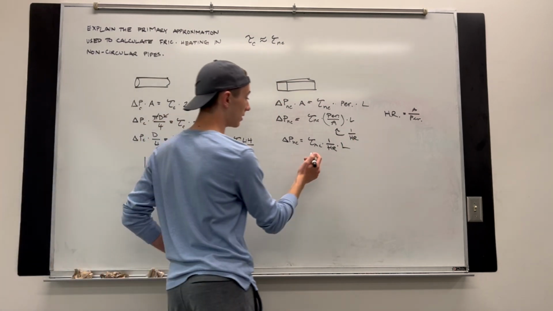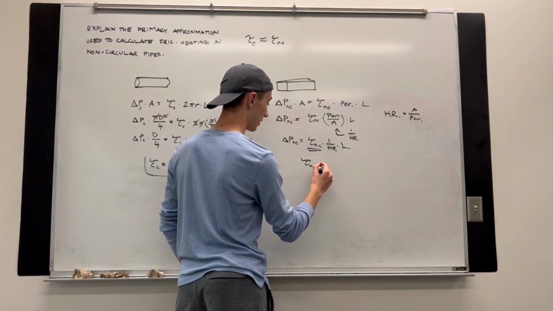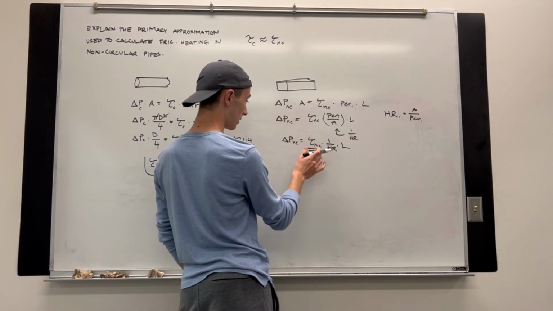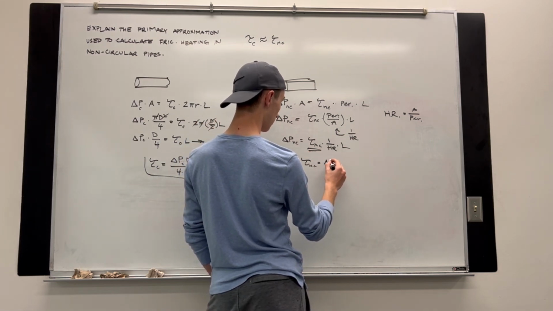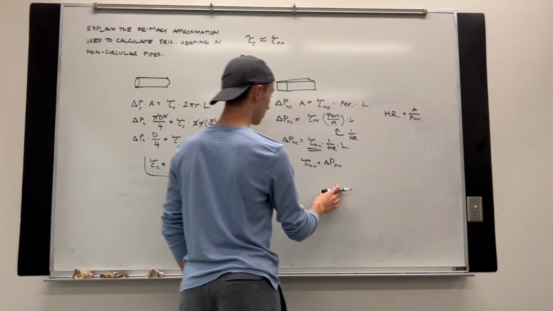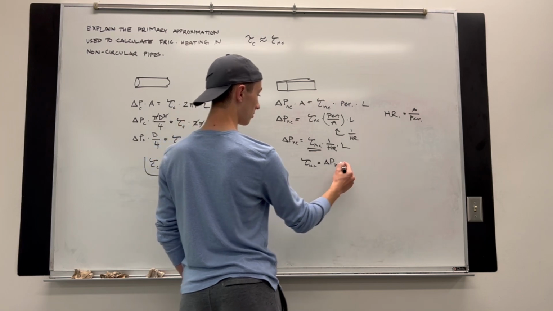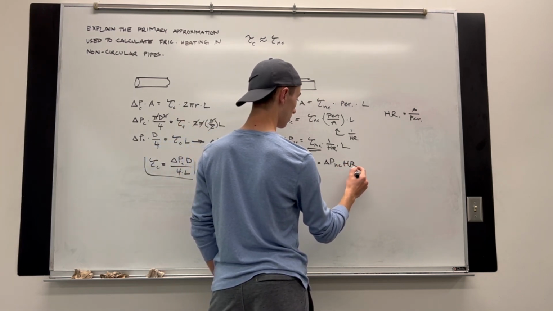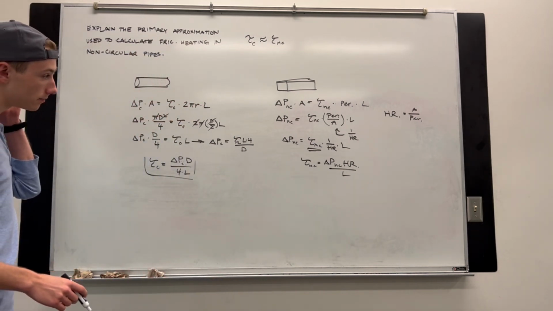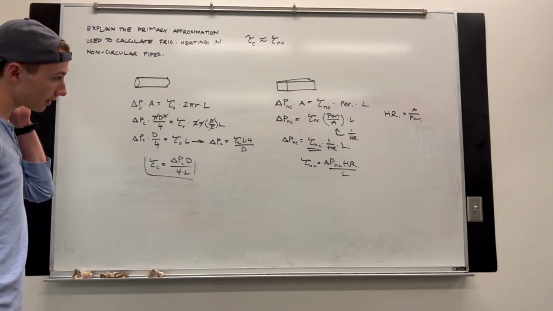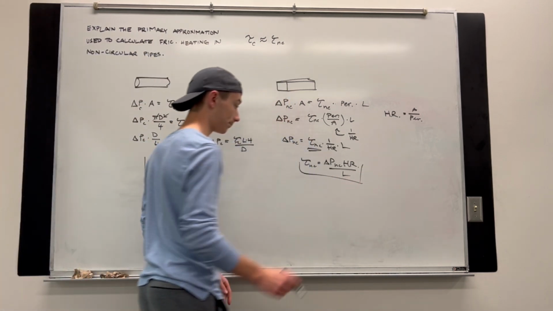Again, solving for the shear stress, we get delta P divided by the length and the hydraulic radius. Okay. And the approximation that we make is that these are equal.